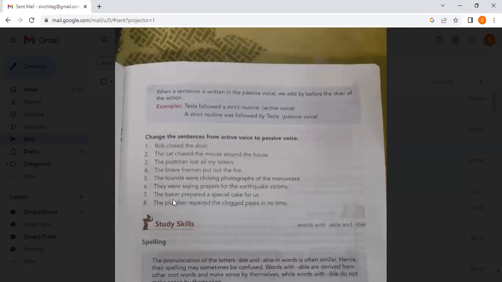A special cake was prepared by the baker for us. Excellent. Number eight. The plumber repaired the clogged pipes in no time. The clogged pipes were repaired by the plumber in no time.